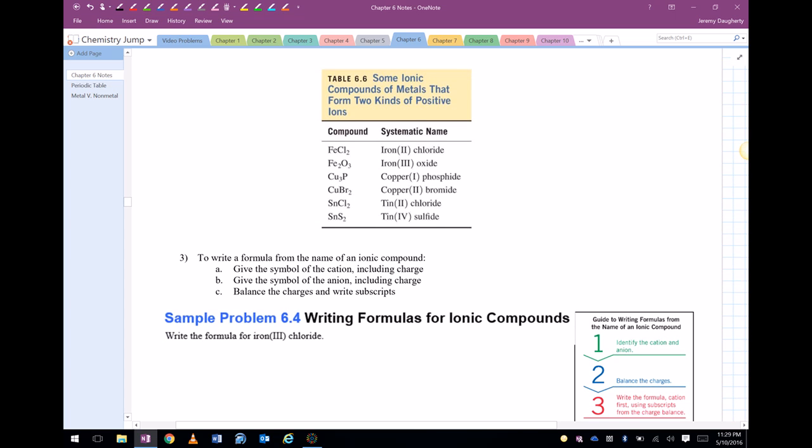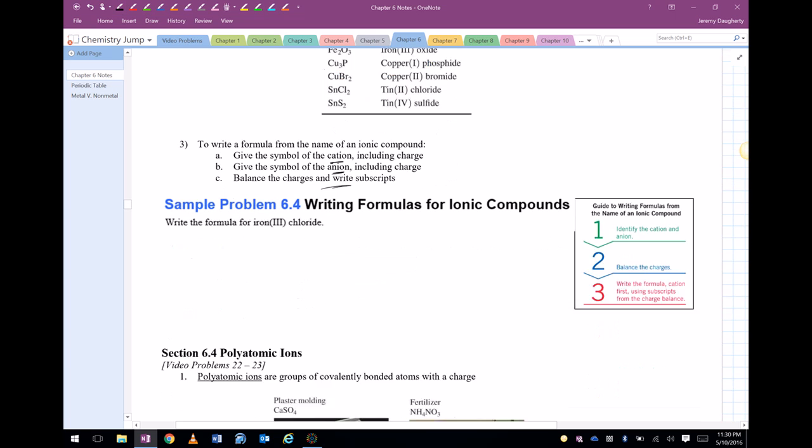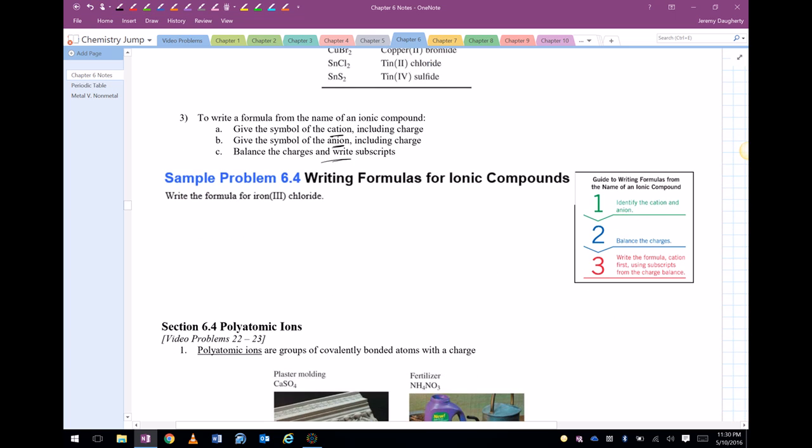Let's talk about writing a formula. To write a formula, give the symbol of the cation, give the symbol of the anion, and then balance the charges and write subscripts. So let's do this iron 3 chloride here real quick. And until you get this down pat in your head, this is what I suggest. Iron 3, this is the ion for iron 3, so I would suggest writing that down.